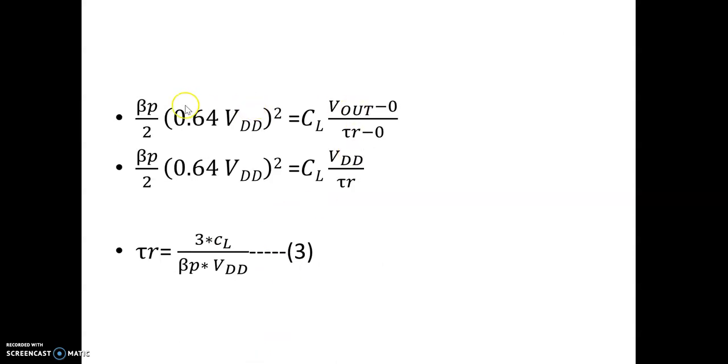Equating them, here it is C dV by dt. dV means V2 minus V1. The initial voltage V1 is 0. It is charging to VDD or Vout, so V2 is the final voltage Vout minus the initial voltage 0. The charging time, that is the rise time tau r, minus 0. So from this, finally we get tau r is 3 CL divided by beta P into VDD.